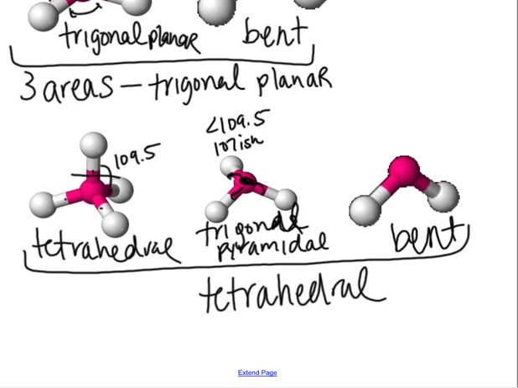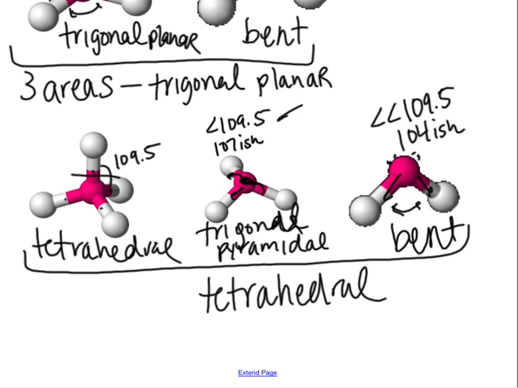So our 2 lone pairs cause additional compression of this bond angle, repelling those bonded electrons. We have a tradition at Westlake of just saying less than 109.5. If you're curious, it's about 104-ish.